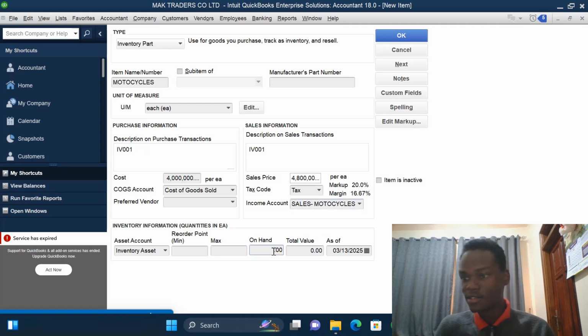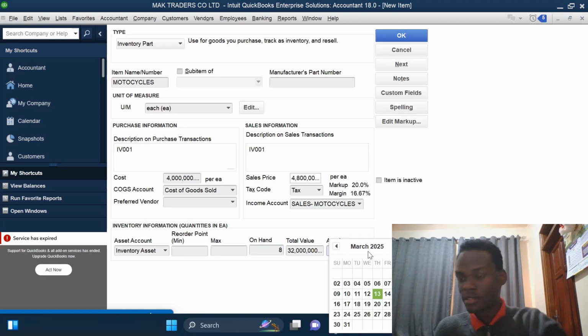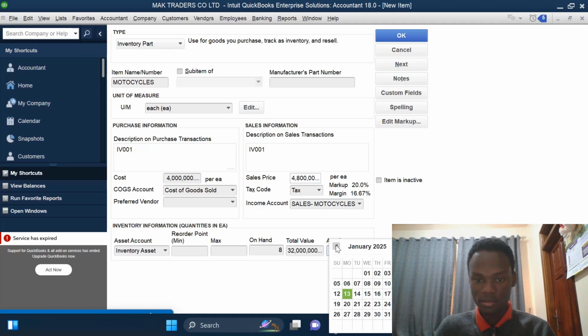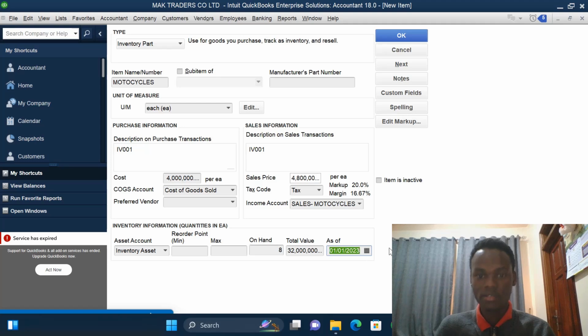At hand in the stores, there are 8 motorcycles, and the value is as at 1st January 2023.